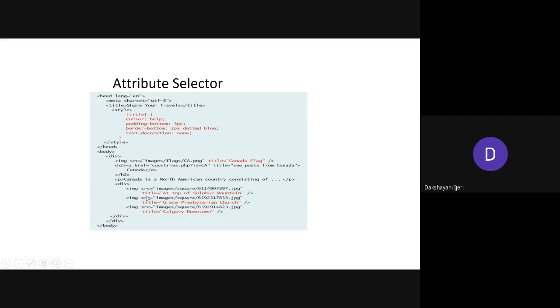Suppose you wish to apply styles only by using the attributes which are used by default with any of the HTML elements, then that kind of selector is said to be the attribute selector. For example, here the HTML page has been created to include three images.